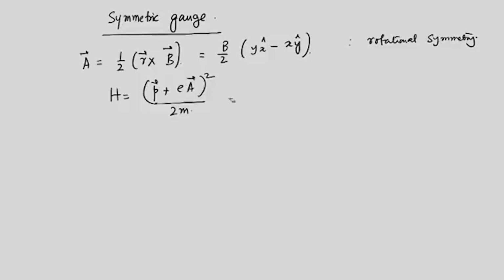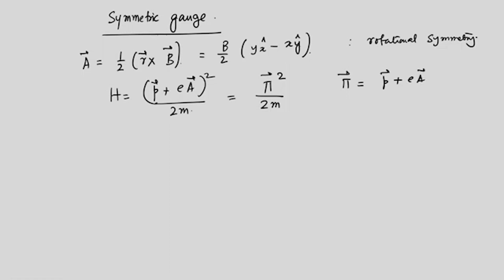All right. So, this can now be written as, let me introduce a new momentum pi, so let us write it as pi squared over 2m, where pi is of course the canonical momentum, which is equal to P plus eA, that takes into account the effect of this vector potential.